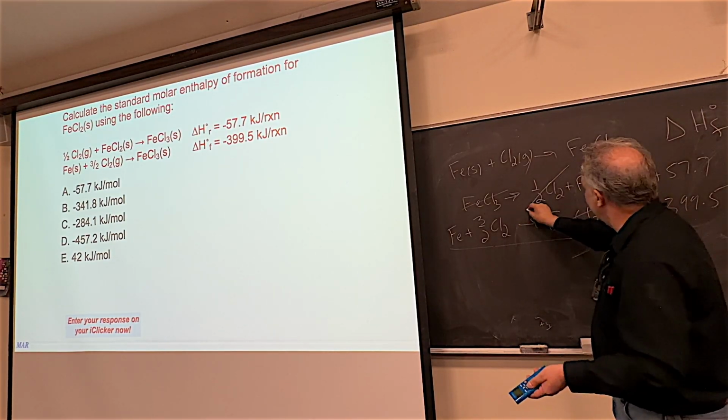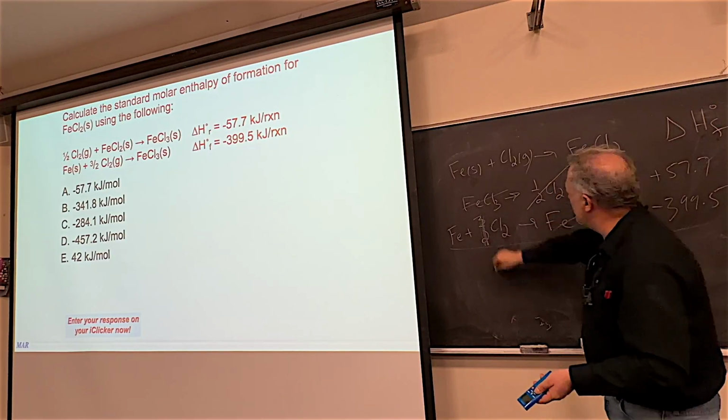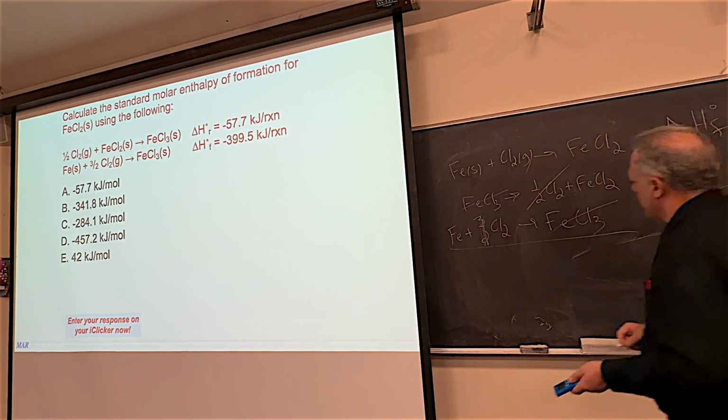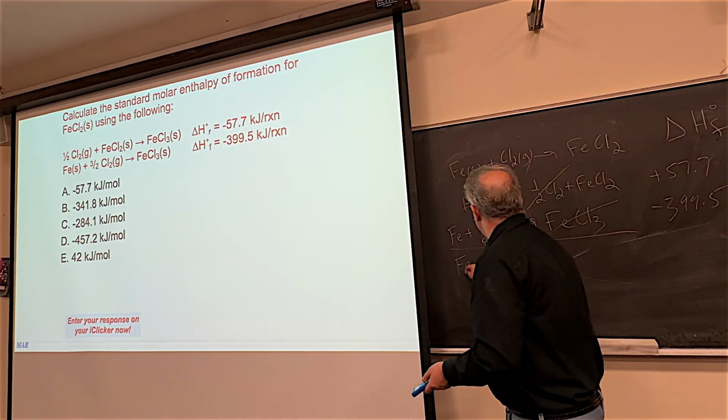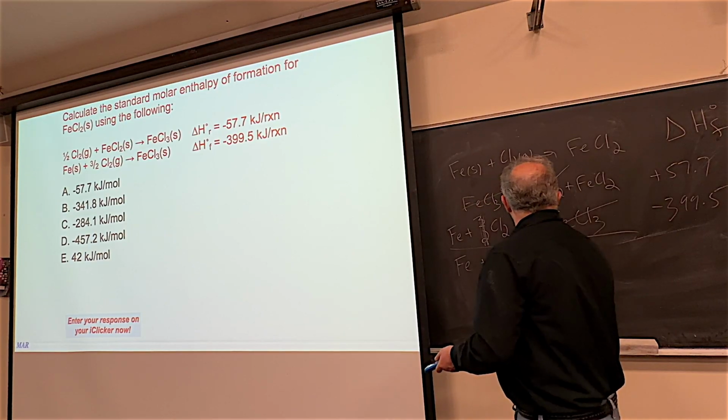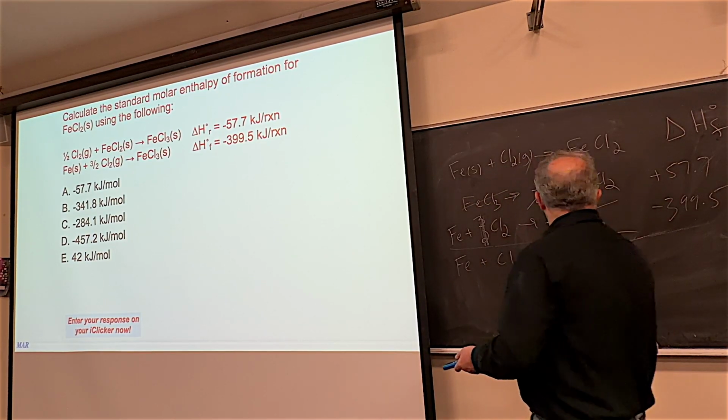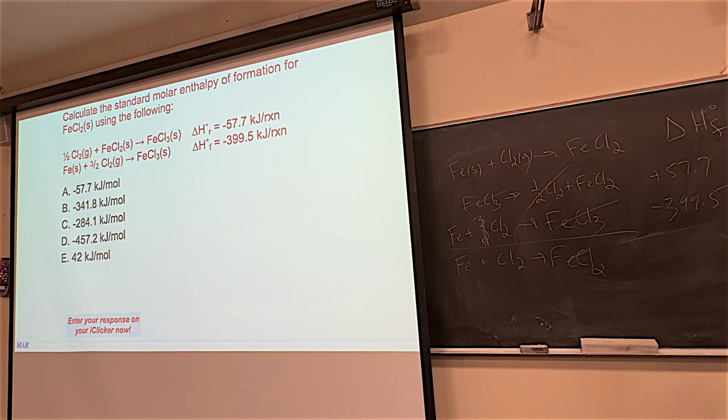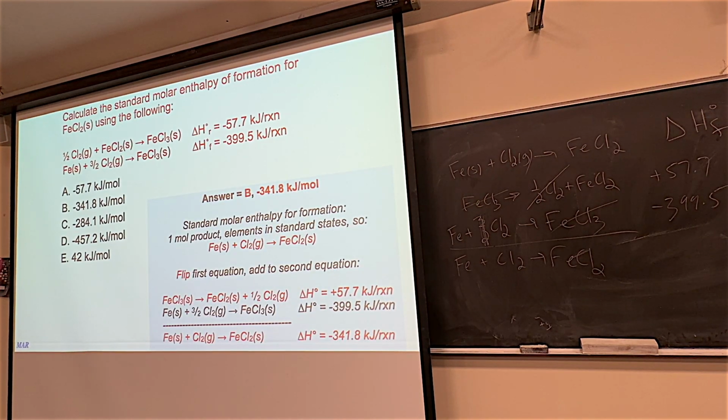So that's out of here, and we have just 1 Cl2. So when it comes down to it, Fe plus Cl2 goes to FeCl2, and that's what we wanted. So the answer here then would be positive 57.7 minus 399.5, whatever that is. Apparently it's 341.8.